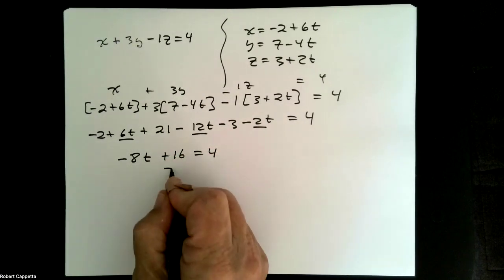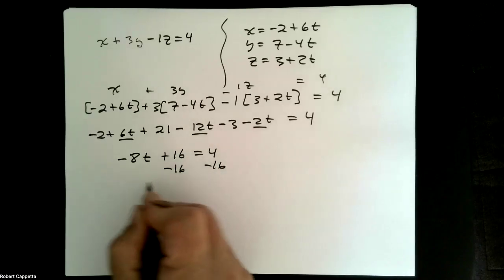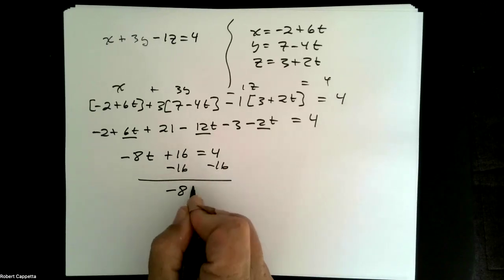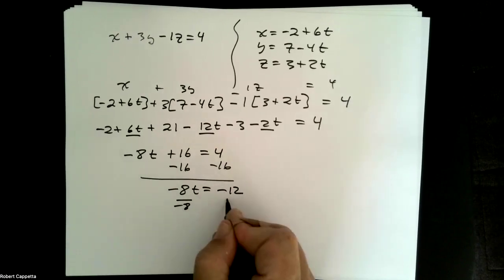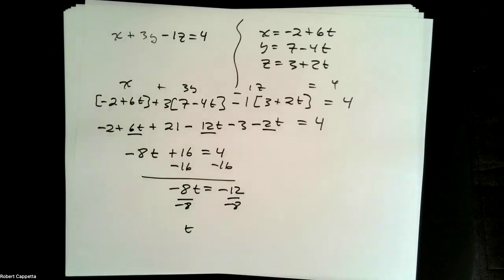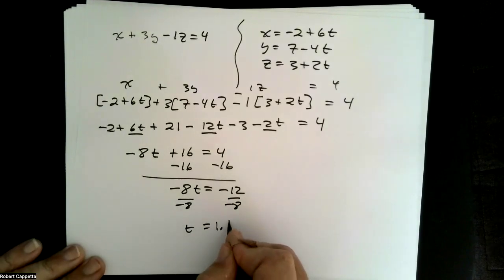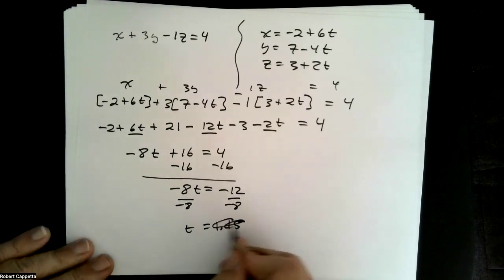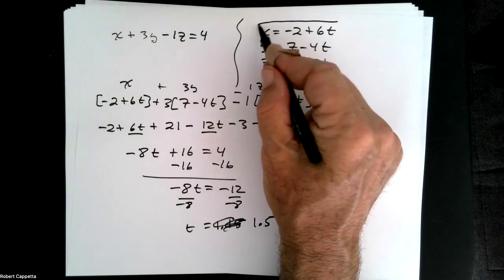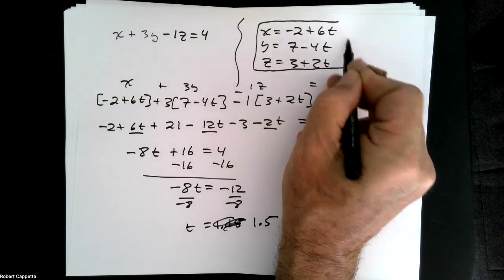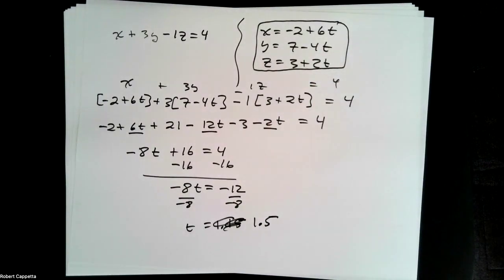Let's subtract 16 from both sides. Now we have -8t equals -12. Divide both sides by -8. And what does that give us? 12 divided by 8 is 1.5, or 3/2.